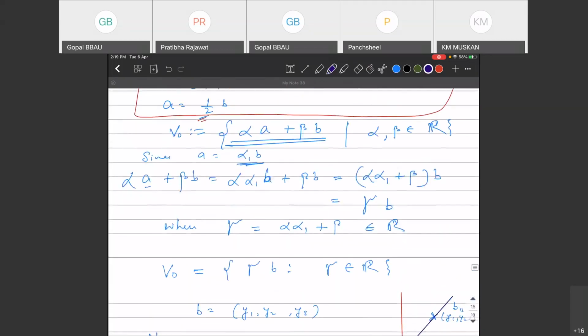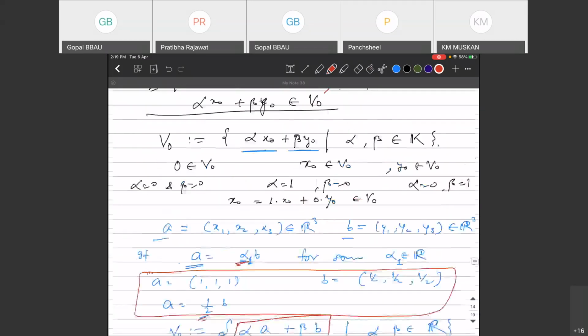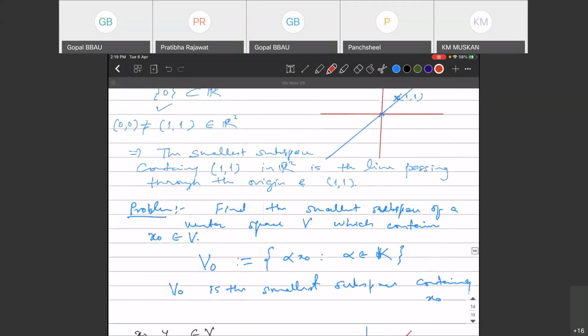Similarly, in the above example, at this place, this is also a sum of scalar multiples of A and B. And in the first example, it was a scalar multiple of x naught.